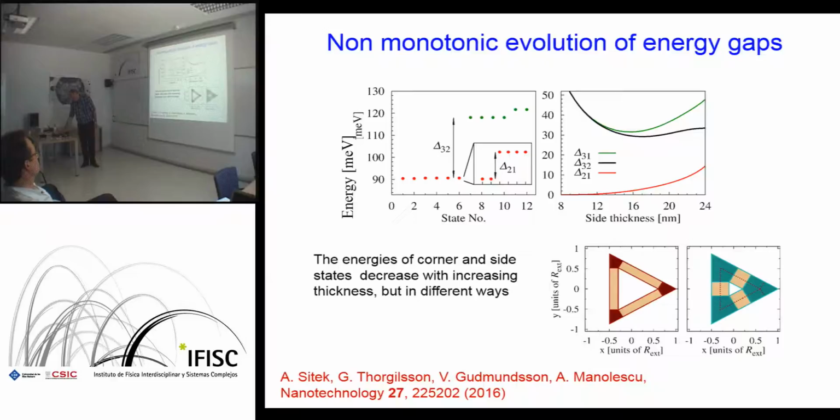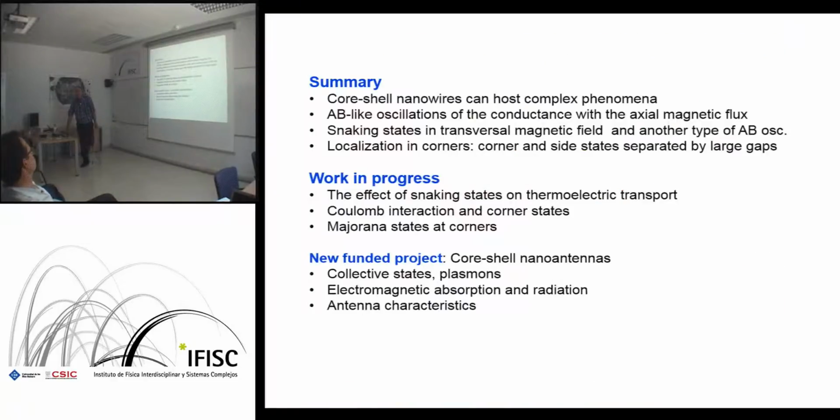So, to summarize, I would like to say that there are complex phenomena that can occur in this geometry. Although the geometry looks simple, the situations can be quite complicated.